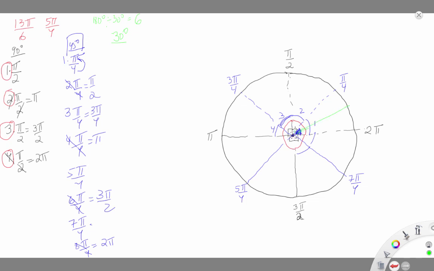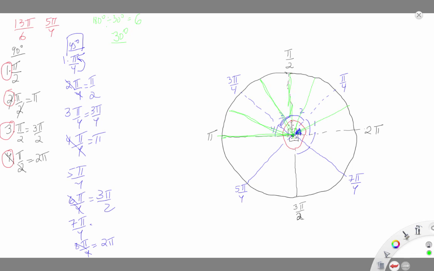1, 2, this will be 3 over here, 4, 5, and 6. Let me just put all the green lines so that you really can see this is 30 degrees, another 30 degrees.